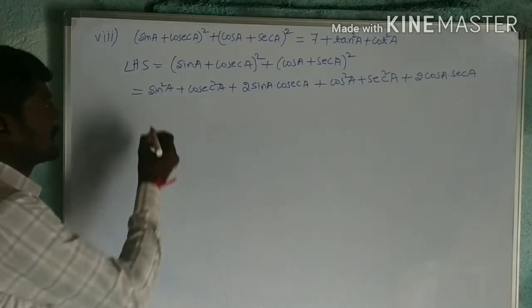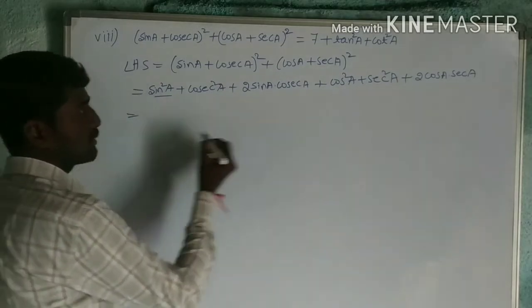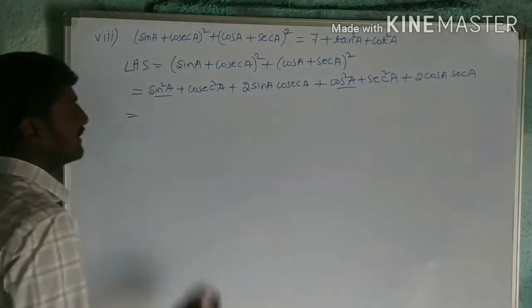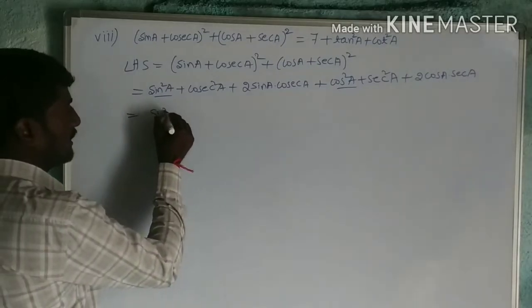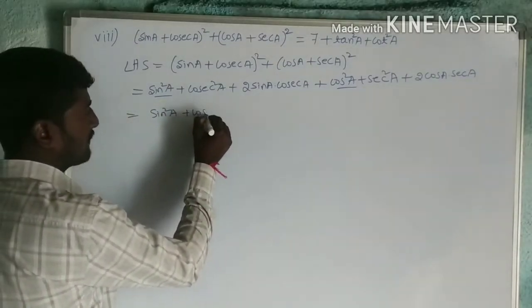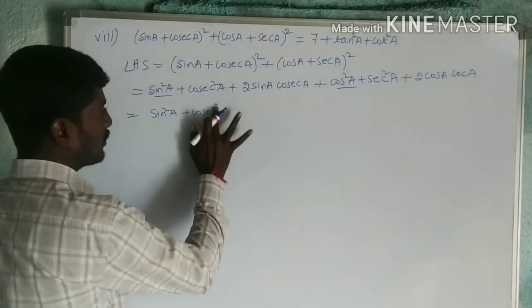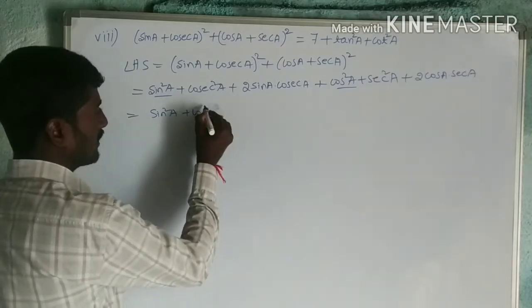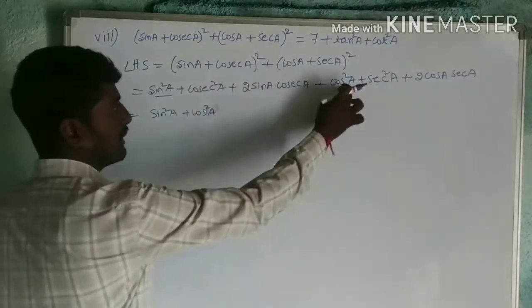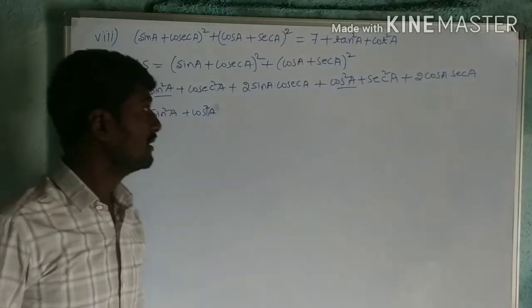Now I'll write these two first, sin square A plus cos square A. Cos square it is, not cosec square. Cos square A. These two terms I written here.